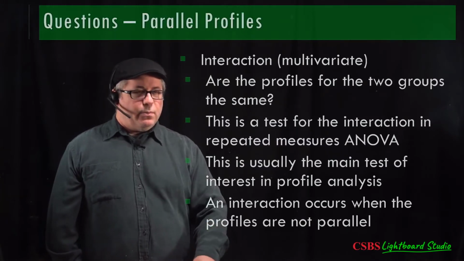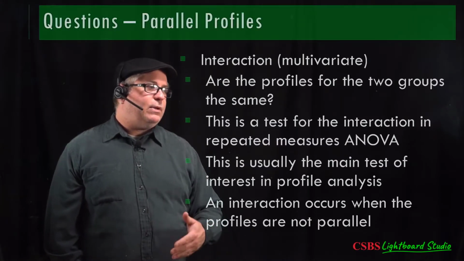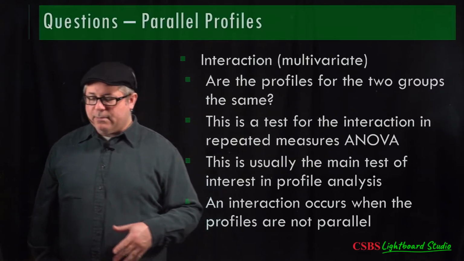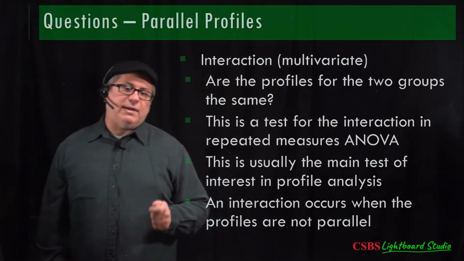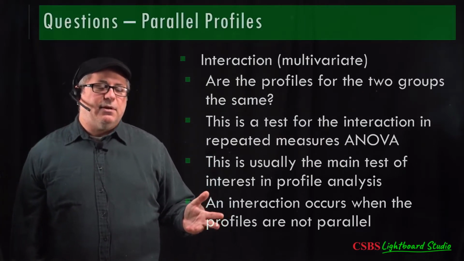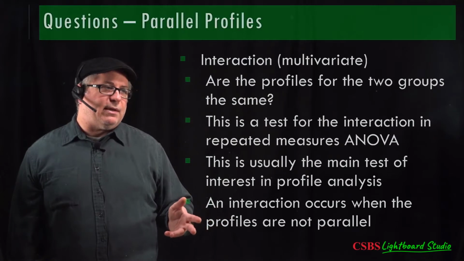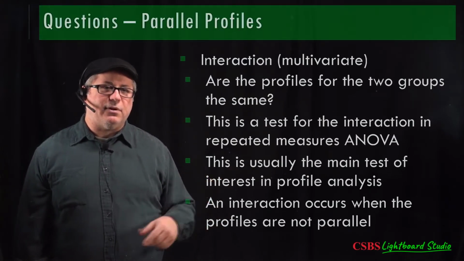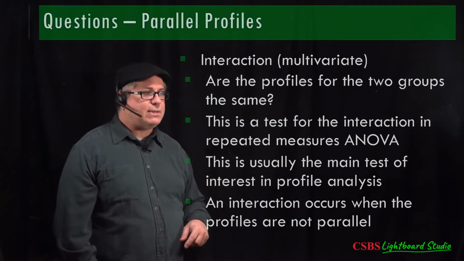Really, the reason people typically do profile analysis, the main motivation, is because they think they have groups that are going to differ across time. So the main goal is the interaction. The interaction is the thing that's of most interest.